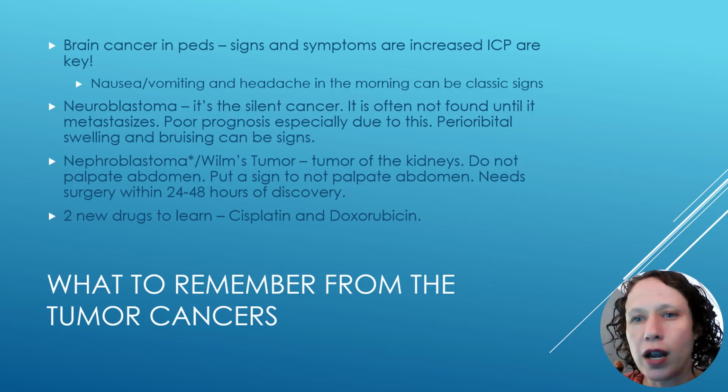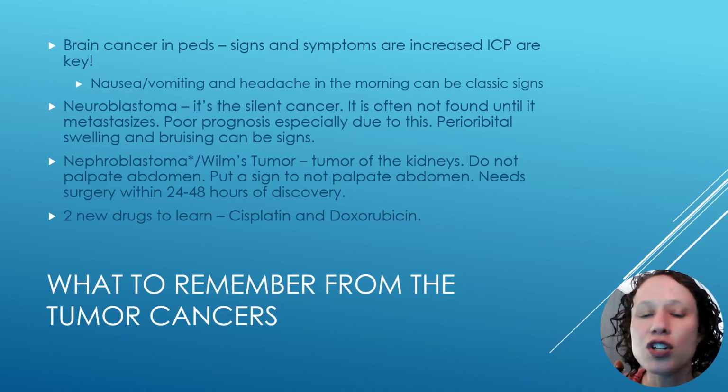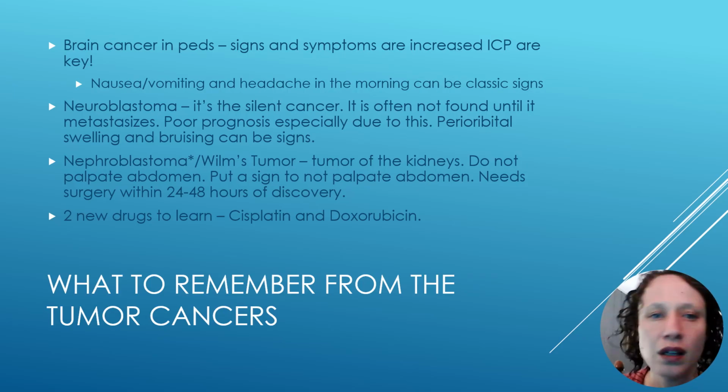Signs and symptoms of increased ICP are key, right? Nausea, vomiting, and headache in the morning can be very classic signs. Why? They were supine all night. When they're supine and they start to get really nauseous and a bad headache, that's never a good thing. It's never a good thing for anyone, really.